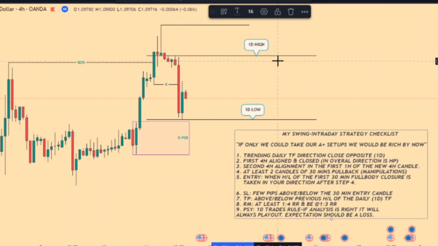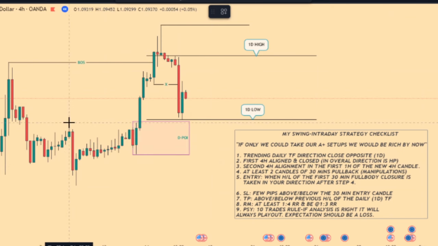So POI is either a fair value gap. As you can see, this is a high probability fair value gap. I've already made a video about it. And then we have a high probability order block that has even taken liquidity. And then generally we have an order flow. This is the market that moves like this.